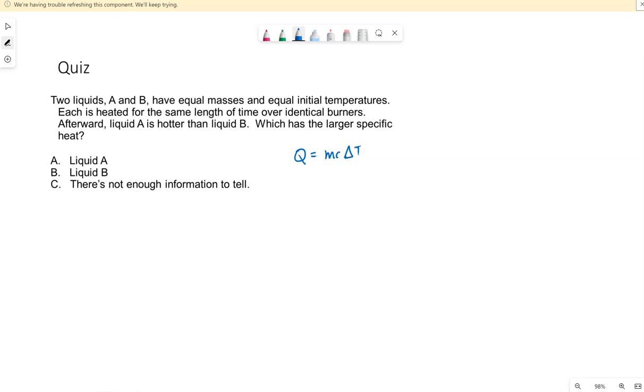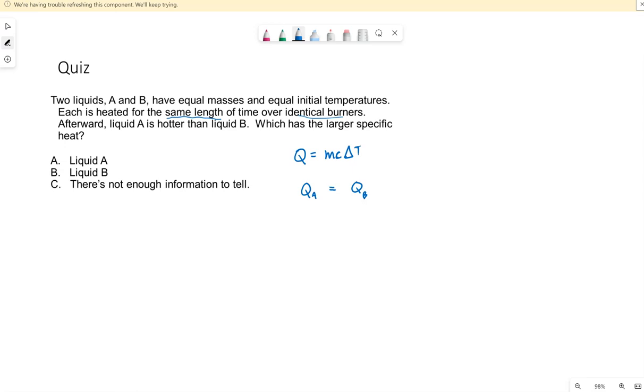So we have two liquids. We're just increasing their temperatures. So we're going to look and relate Q equals mc delta T. Since they are heated for the same length of time over identical burners, we can assume QA and QB, the energy they both receive, is the same.